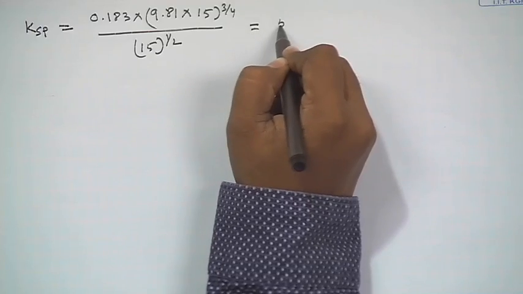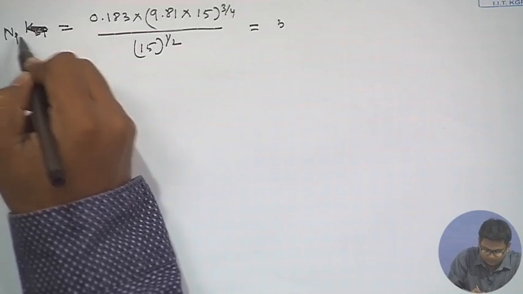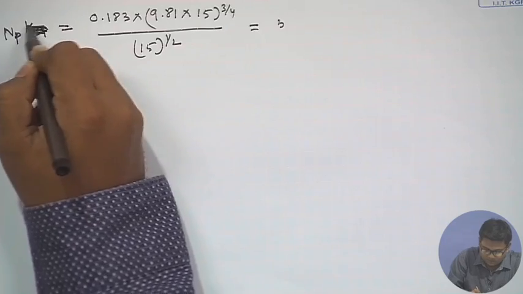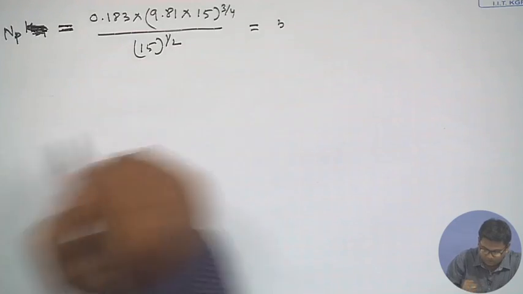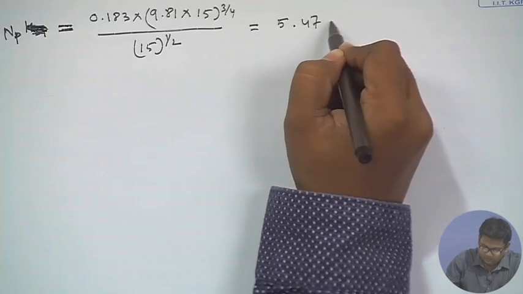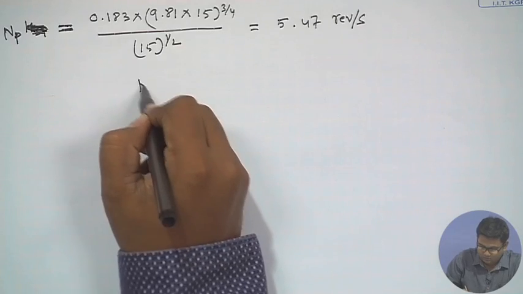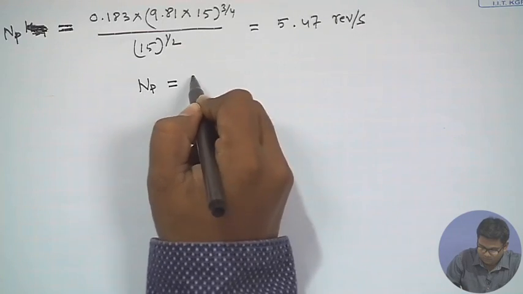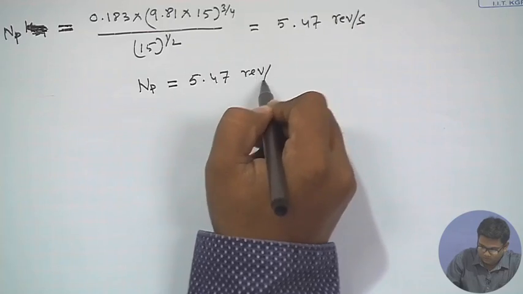This is NP. So NP will be 5.47 revolutions per second. One desired quantity has now been obtained as 5.47 revolutions per second.